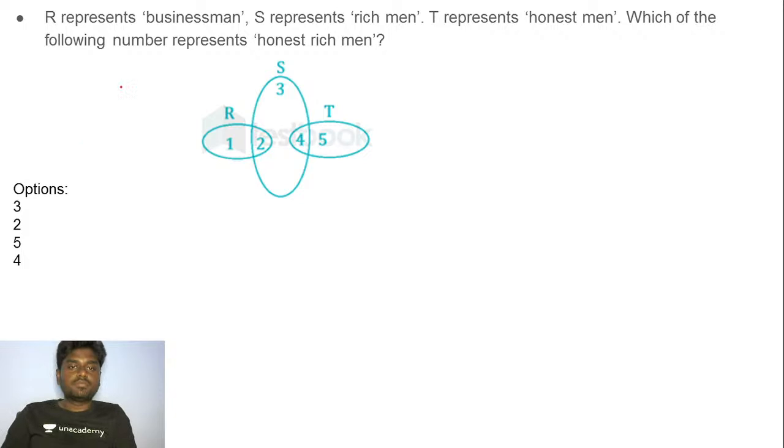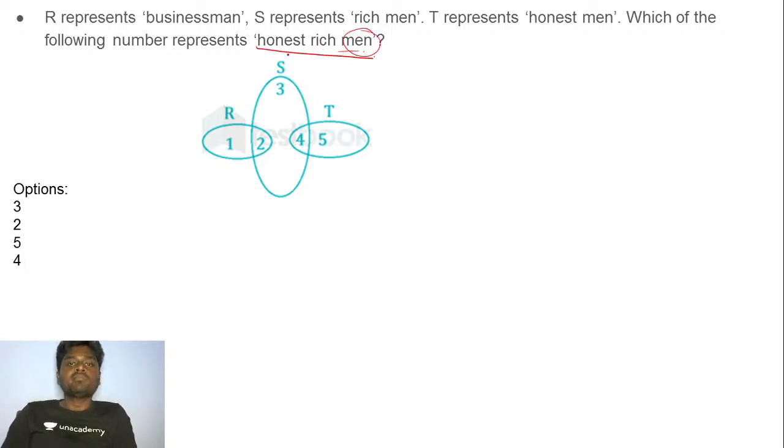Next question for you. R represents businessman, S represents rich woman, and T represents honest men. We need to find which of the following numbers represents honest rich men. That's your question. Sorry, honest rich men.